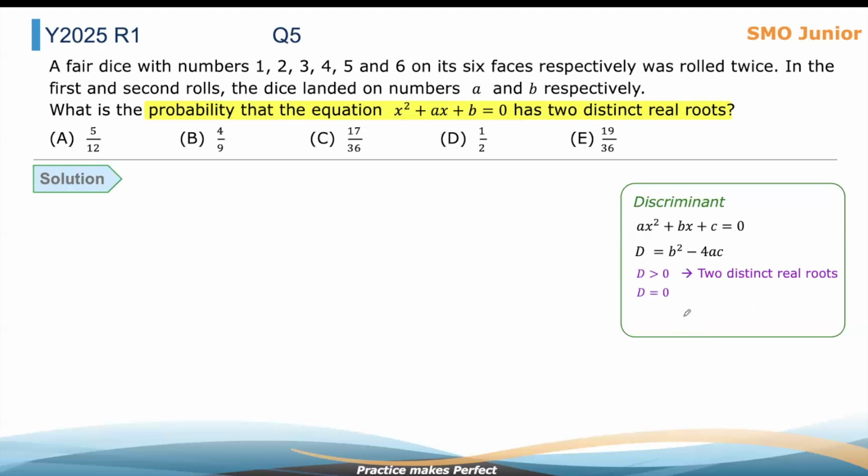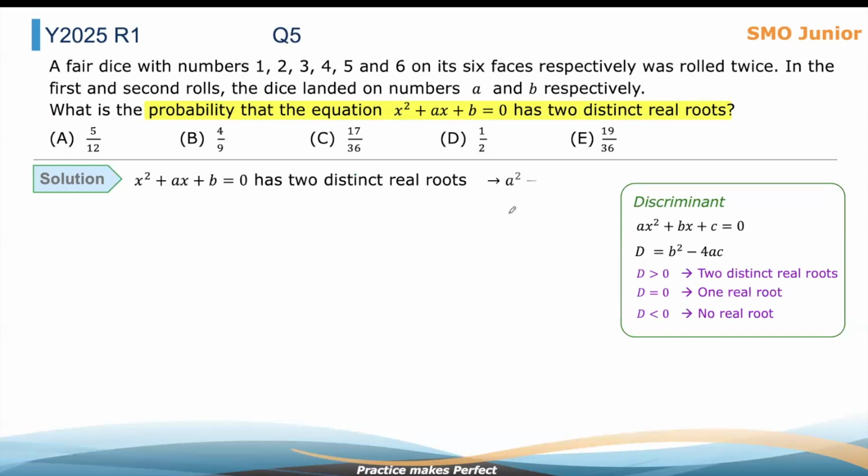D equals 0, the equation has only one real root. D less than 0, no real root. So for this equation to have two distinct real roots, the discriminant will be greater than 0. Here it is a squared minus 4b greater than 0.